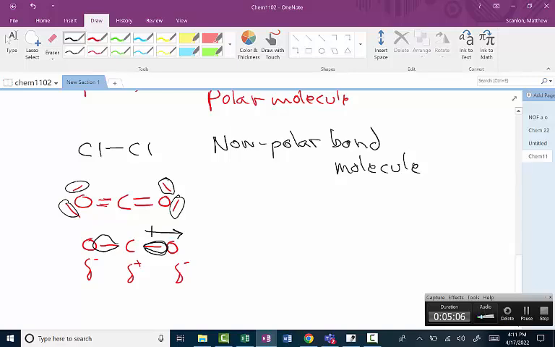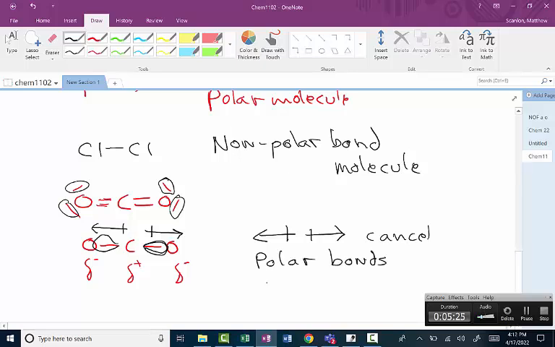We have a dipole in this direction and an equal and opposite dipole in the other one. And so these vectors are exactly opposite of each other and they cancel. So this has polar bonds, but it's non-polar. Okay, that's all I'm going to do in this video, and I'll give some more complicated examples in the next one.